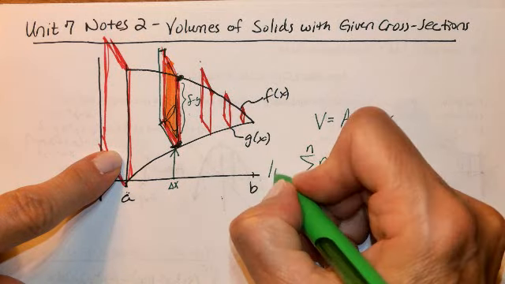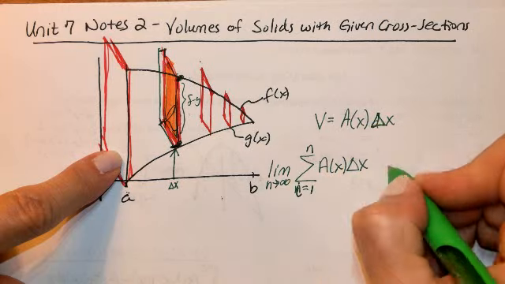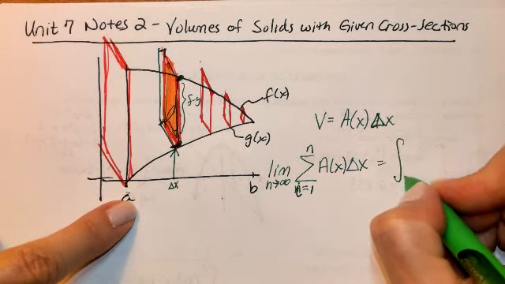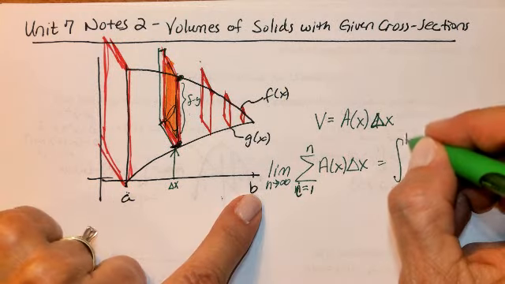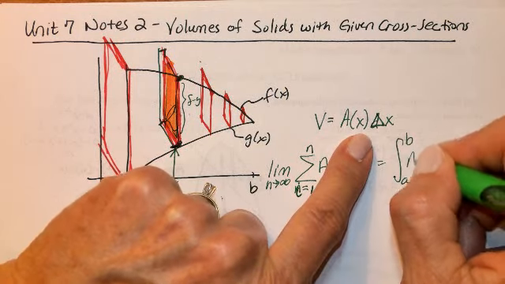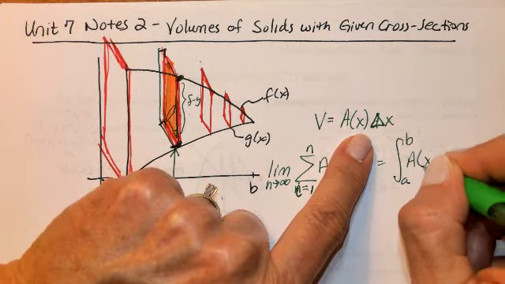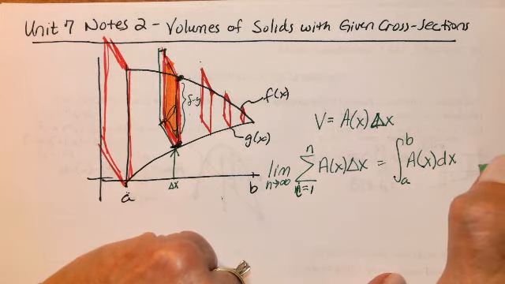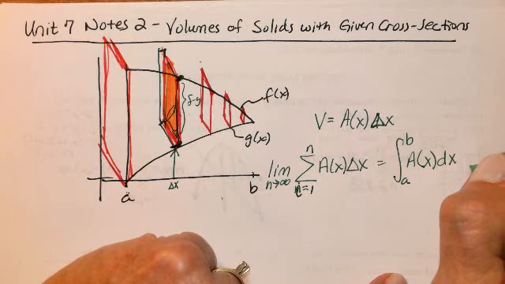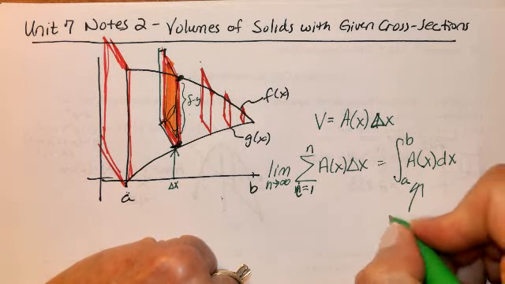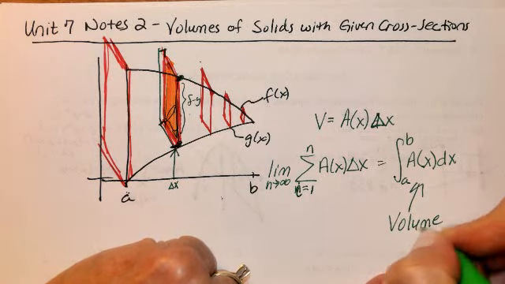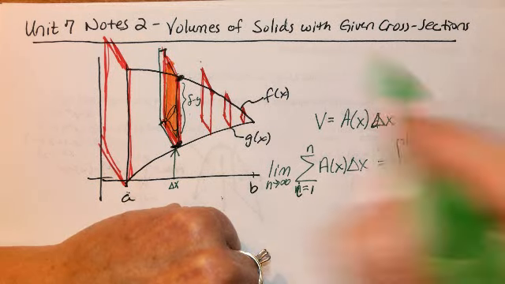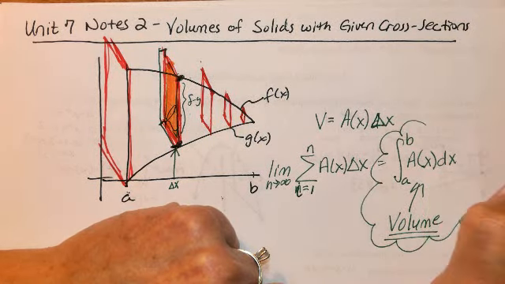We're going to let n go to infinity, and we get the integral from x equals a to x equals b of the area of our slice times dx, the height of our slice. Okay? This is our formula for volume. This is our most basic formula for volume.